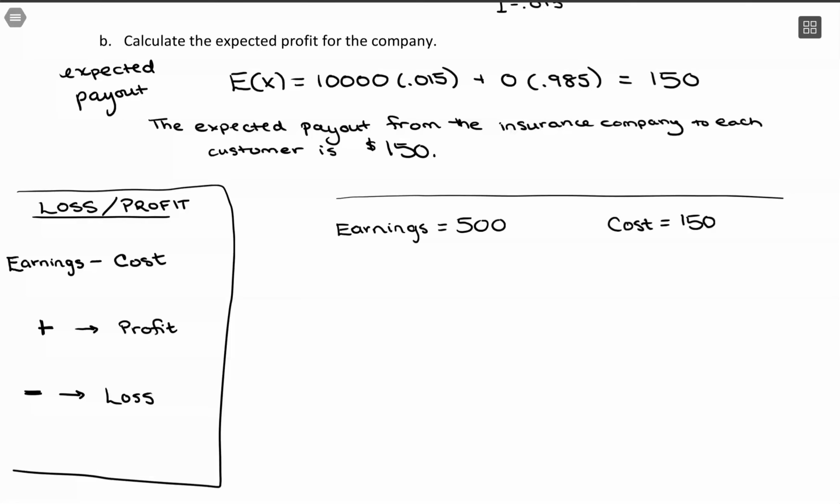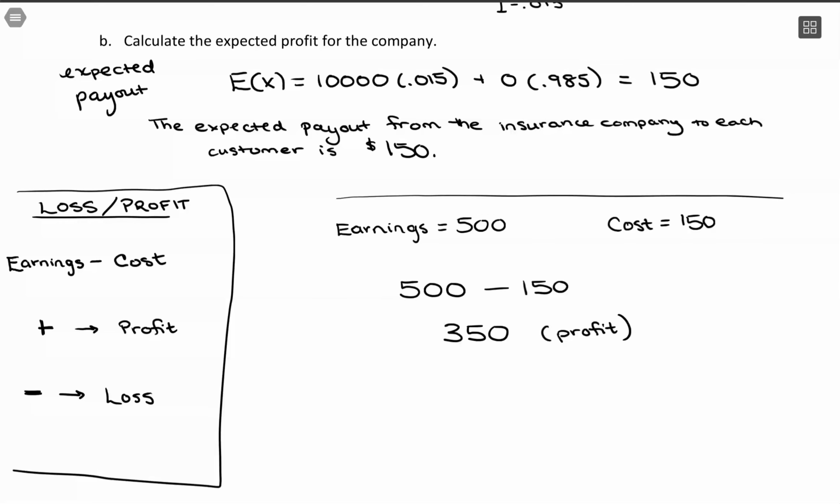So in terms of profit, which we'll have here in the difference, but you could even just set it up of we're making $500, we're taking out the $150 expected cost. So what we're going to end up with here is positive $350, which means we're making a profit.